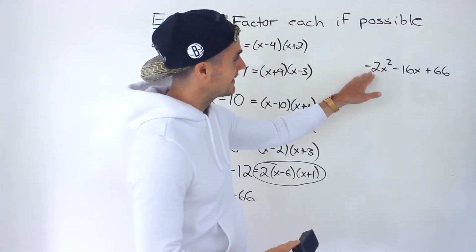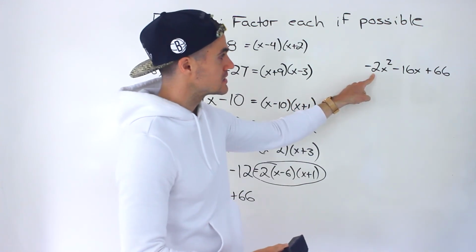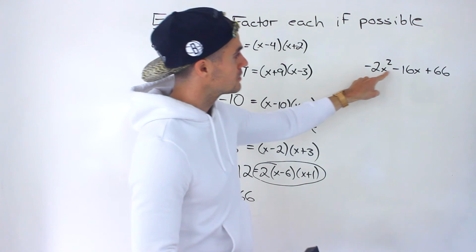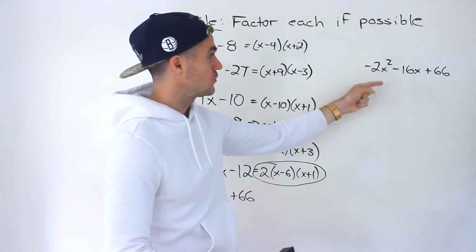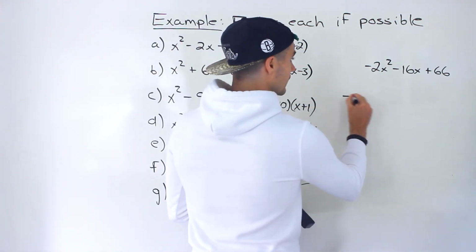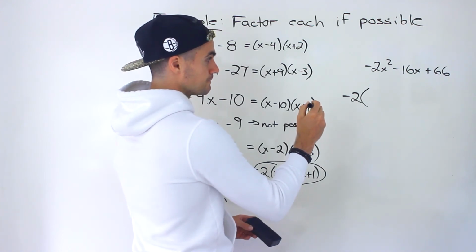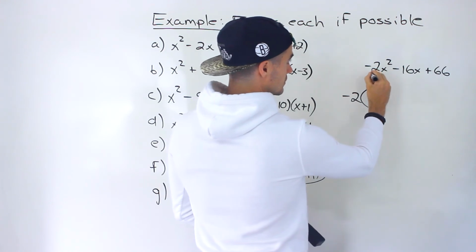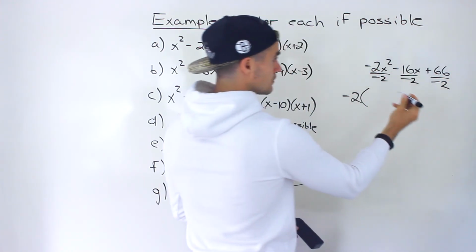Whenever I see a negative leading coefficient, I always take out a negative in order to turn this into a positive. And also in this case, because there's a 2 here, 16, 66, we can actually take out a 2 as well. So we're taking out a negative, we're taking out a 2, so we could take out a -2. So just be careful here with your signs, basically all the signs are going to change. What you could do is you could just divide everything by -2 to make you feel more comfortable.